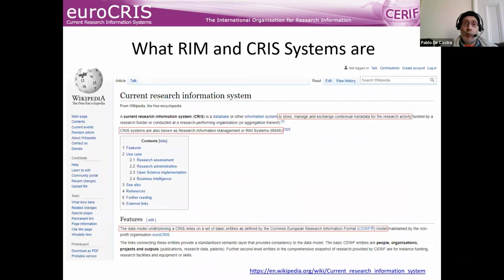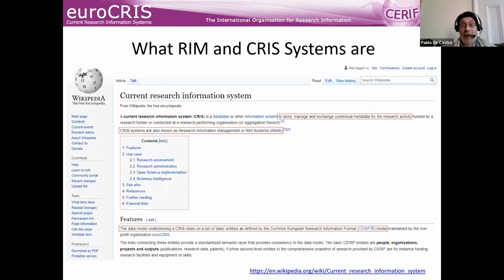So moving on to what research information management and CRIS systems are, there is a Wikipedia page that you can see on the slide. Again, the URL is at the bottom, defining what a CRIS system is. The definition, as you can see, is a database to store, manage, and exchange contextual metadata for the research activity funded by a research funder or conducted at a research performing organization or an aggregation thereof.